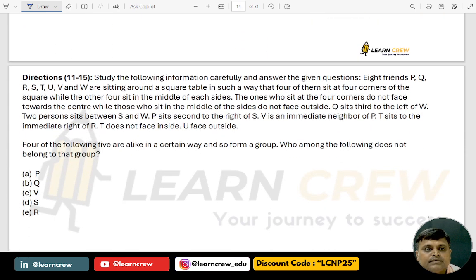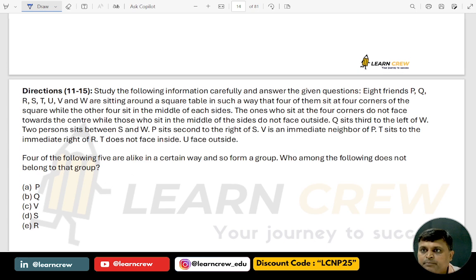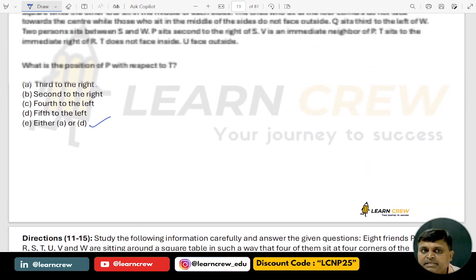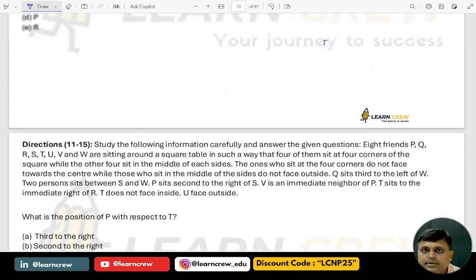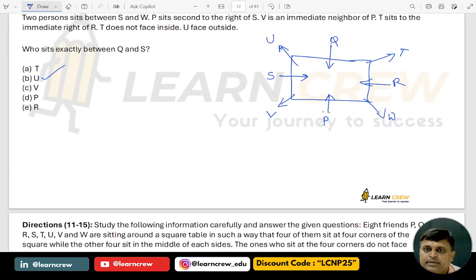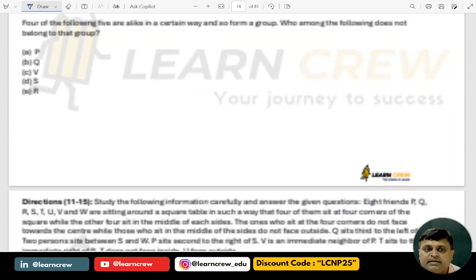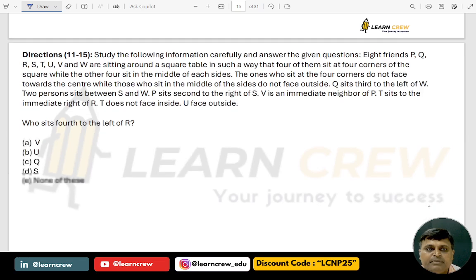Next. Four of the following are alike. Which is different? P, Q, V, S, R. Please see here. V is different. The remaining people are facing towards the center.